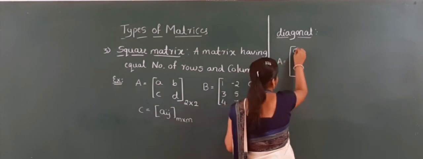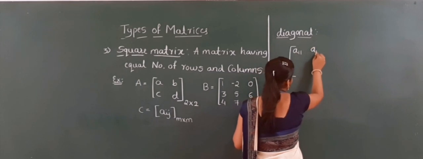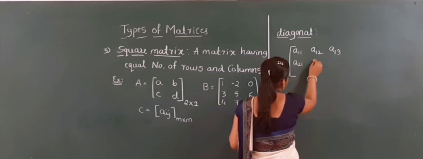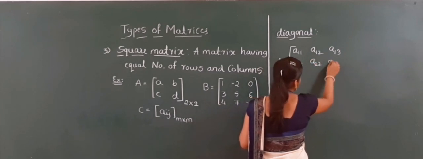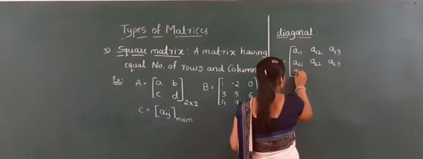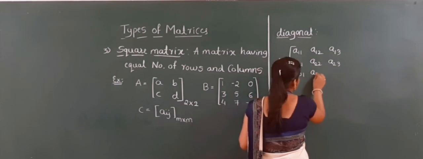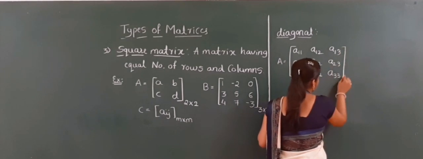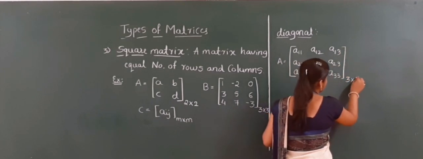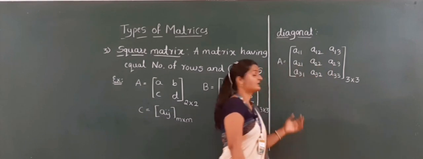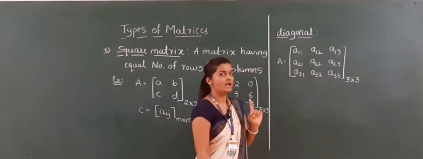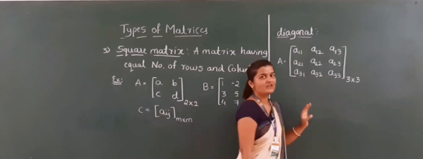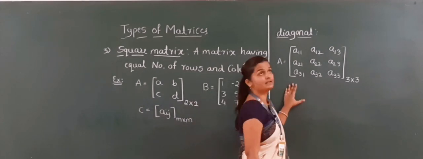I will take the general form: a11, a12, a13, a21, a22, a23, a31, a32, a33. So this is the 3 by 3 square matrix in general form. I am considering only the square matrix. Getting? Okay. So now I have to write what is the diagonal.